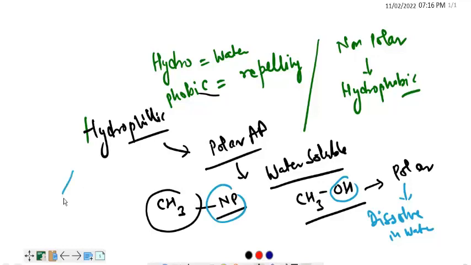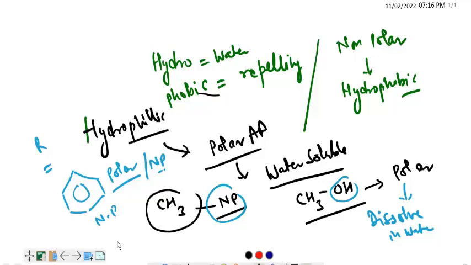Similarly, the benzene ring. Is the benzene ring polar or non-polar? Tell me. Non-polar. So anywhere in the R group, if this is attached, it makes them non-polar and they are called hydrophobic.